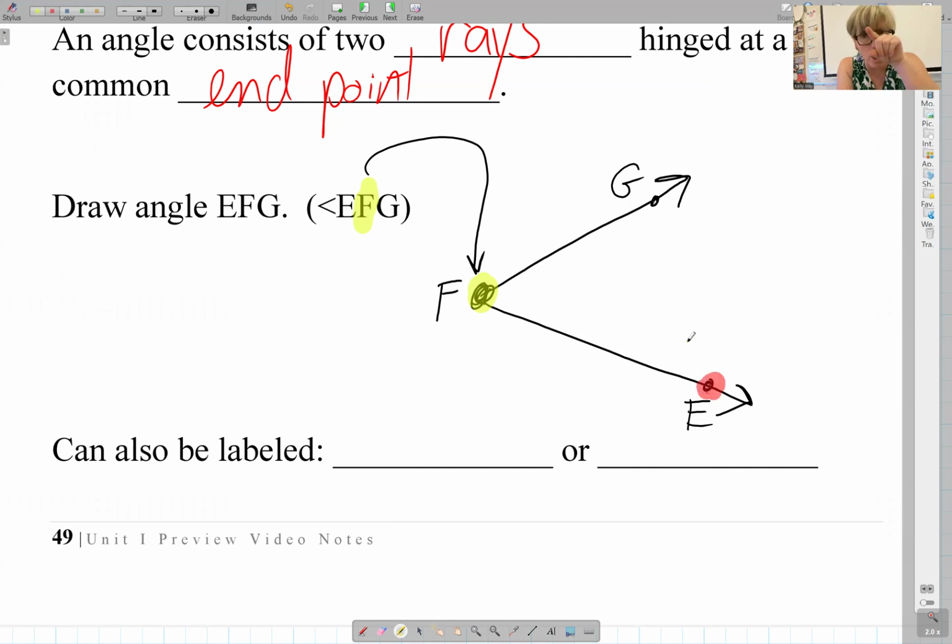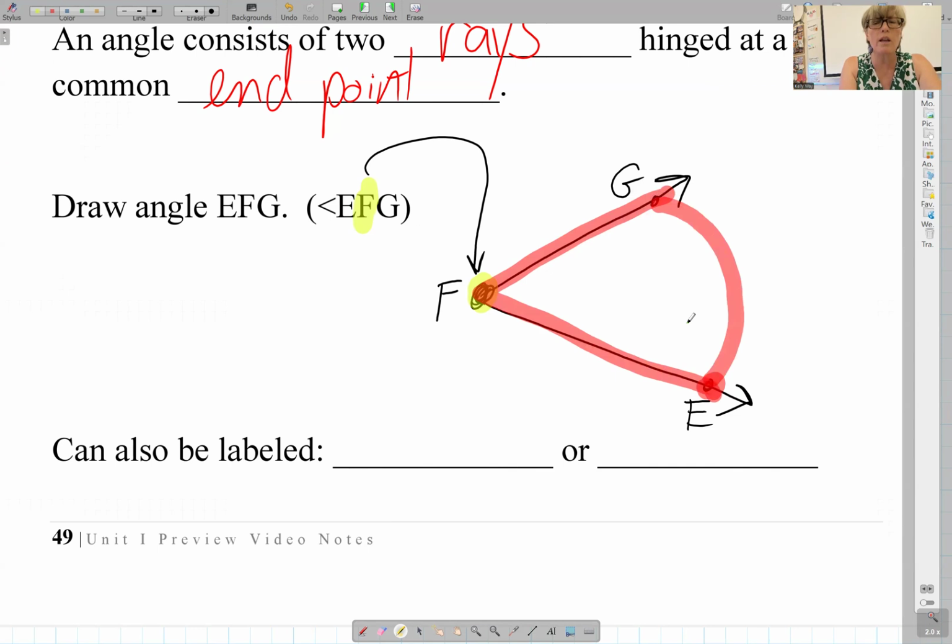You trace dot to dot, E, F, G. Ta-da! And sweep the angle. Just get in the habit. Trace and sweep. I could also call this angle. Watch, put your pen on G. Go from G, F, E, trace and sweep.